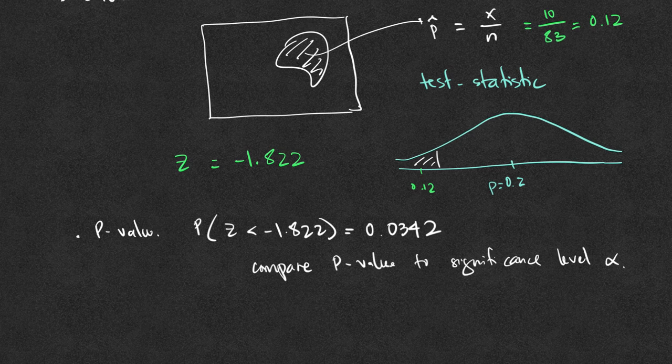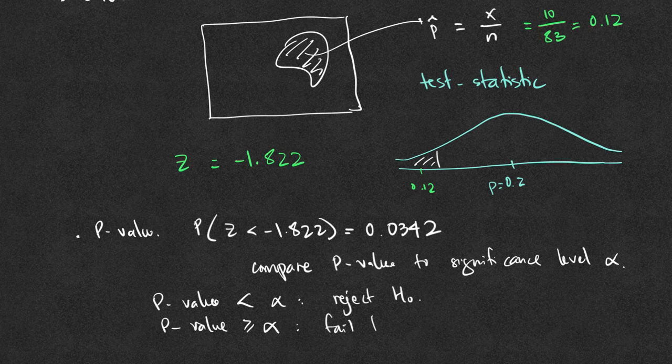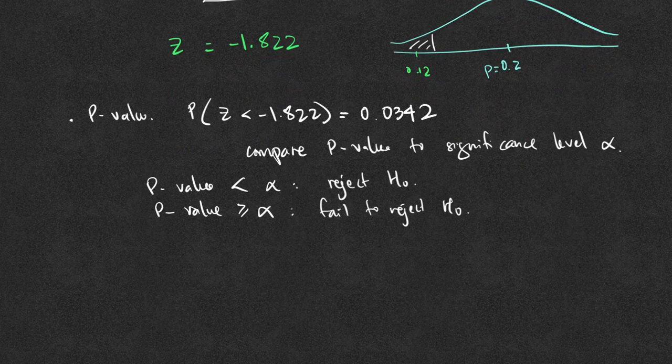If the p-value is small, then we would reject the null hypothesis, small meaning it is less than the significance level alpha. If the p-value is greater than or equal to the significance level, then we would fail to reject the null hypothesis. And from this, we would make the conclusion.